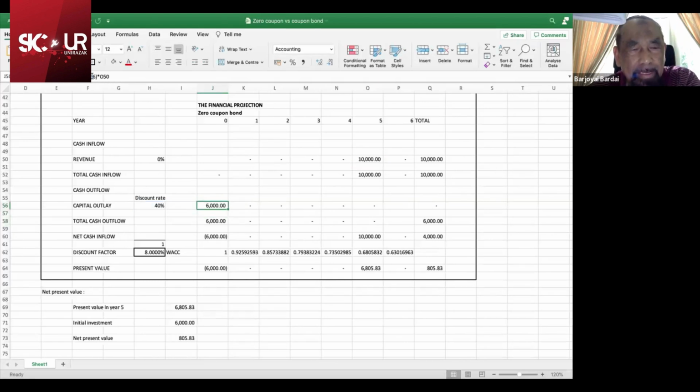So if you want to find the net present value of 0, then you can vary this rate. Maybe 45%, then it becomes bigger. So it is 64%.